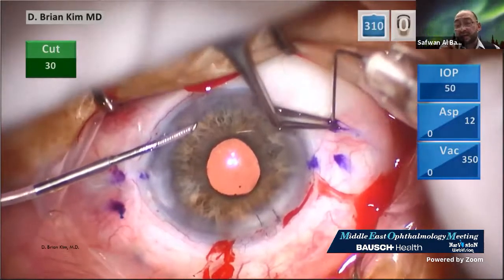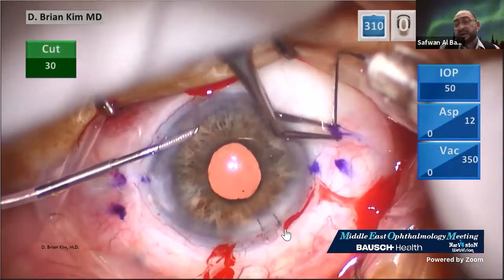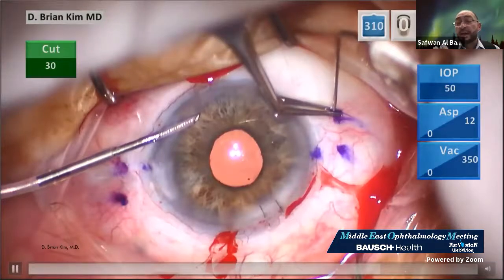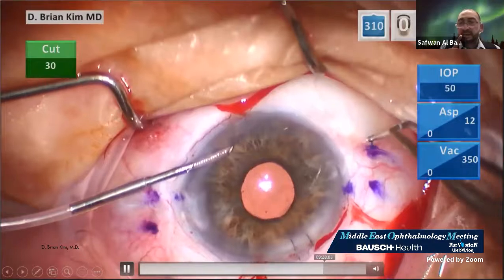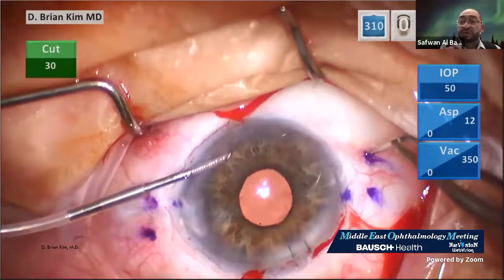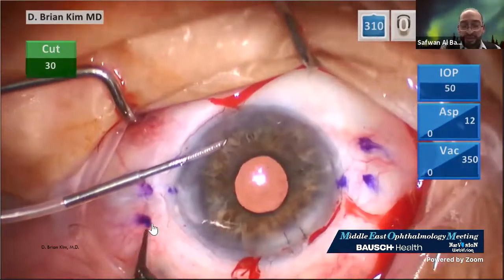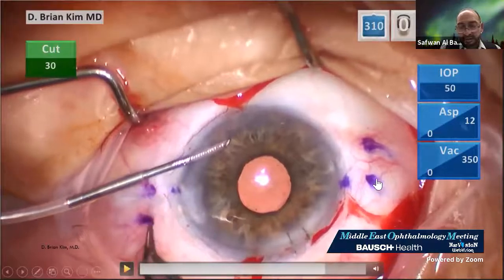But the issue, as Kim explained in a better way, is the tension that we might create in the beginning that will draw the haptics through the scleral tunnel. That's why in the beginning, Kim drew it again to recenter the lens. That's my opinion. So with time, I don't think we will need a double needle technique.